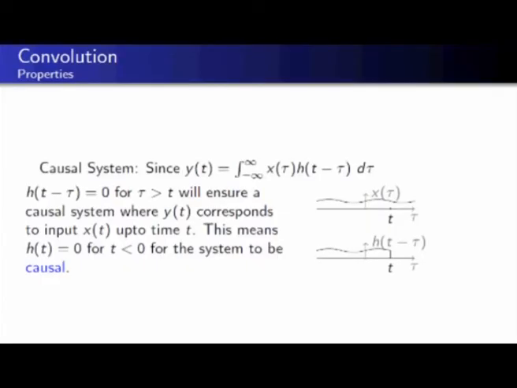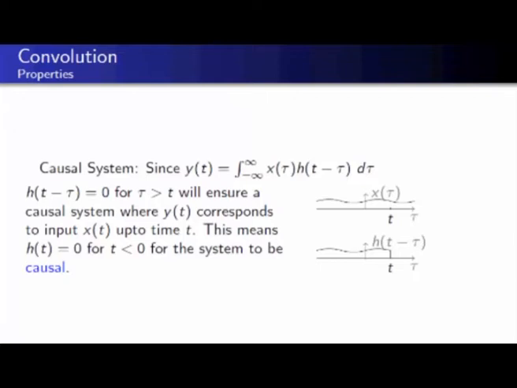I will now look at, given h of t, what can you say about causality? Can you determine just by looking at h of t whether the system is causal or not?